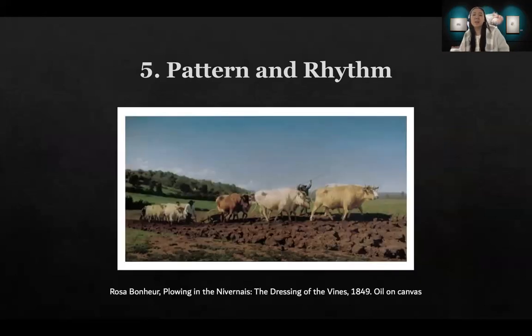So the idea of rhythmic sculpture helps us understand how artists divide the visual space into different kinds of sections to achieve different kinds of effects.